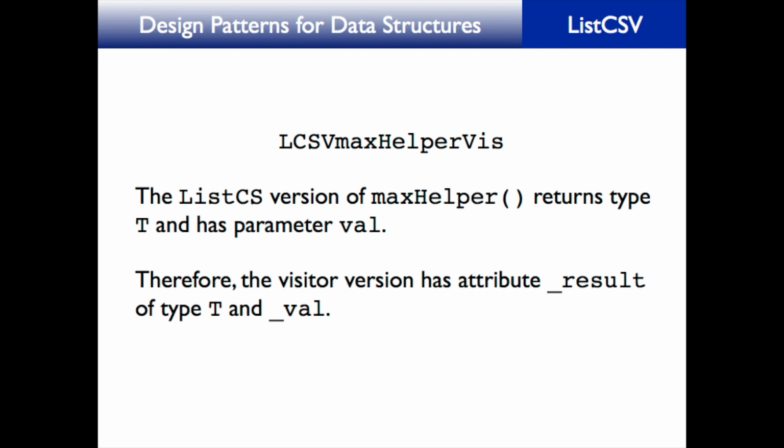The max helper viz not only returns a type T, but also has that little extra parameter. So the list CS version of max helper returns type T and has a parameter val. That means we're going to have two attributes in the visitor version of the helper: _rest of type T for the return value, and also _val of type T that corresponds to the parameter.